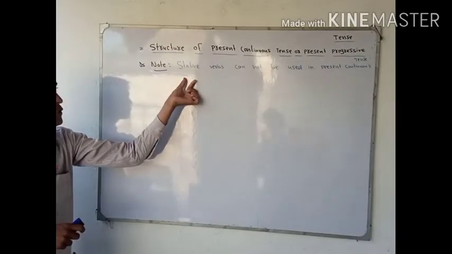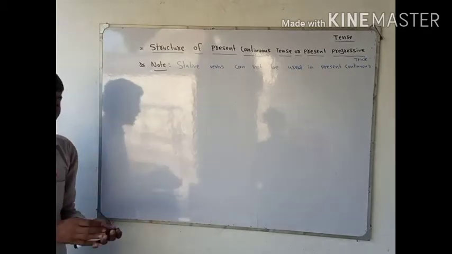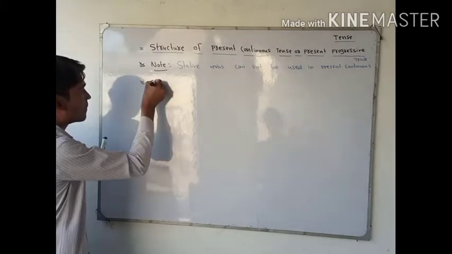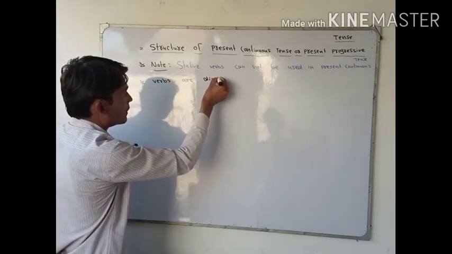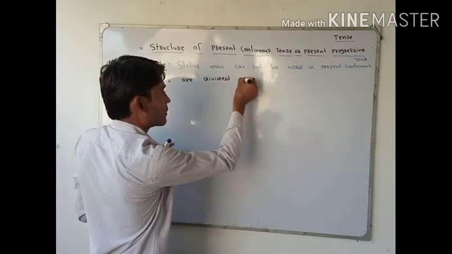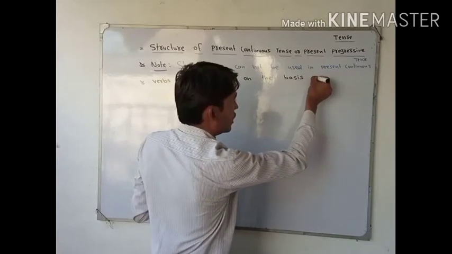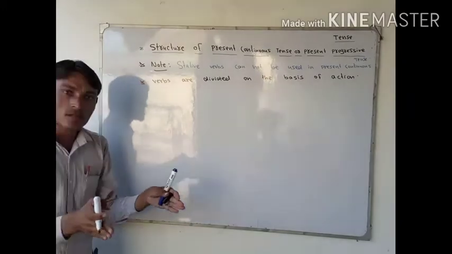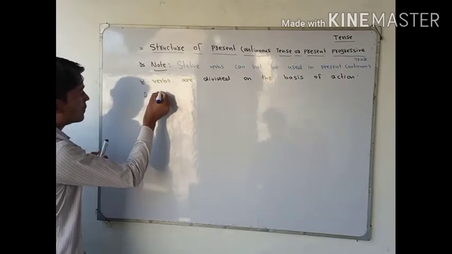So first of all, we should know what stative verbs are. Before discussing stative verbs, we should know that verbs are divided on the basis of action. There are 2 types.